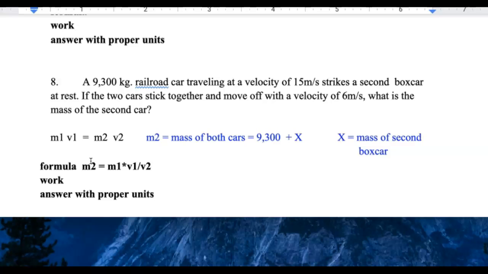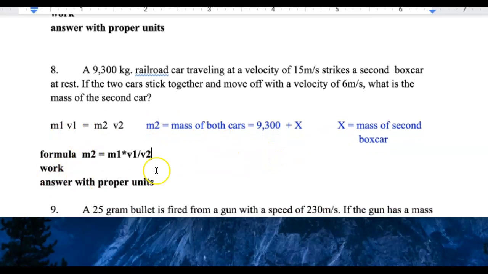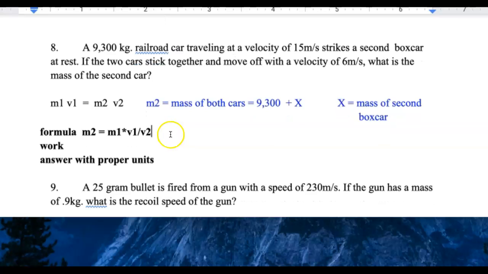That will give me my answer. Then, if I subtract 9,300 from M2, that should tell me what X is, the mass of the second car. All right? So that's a clue here as to how to start it.